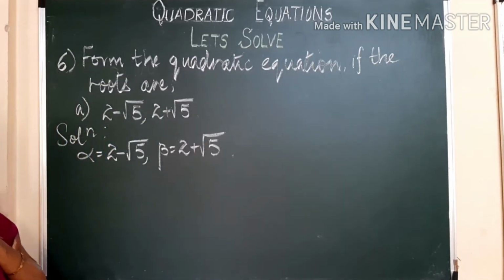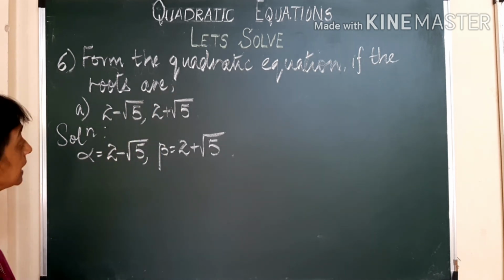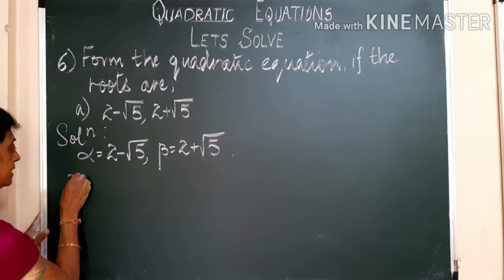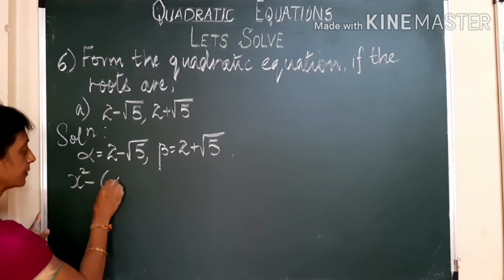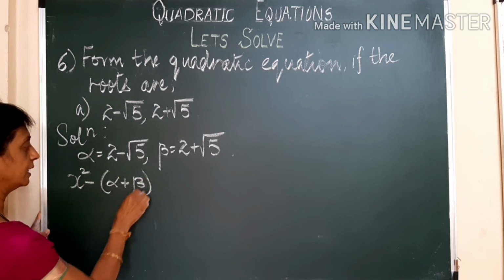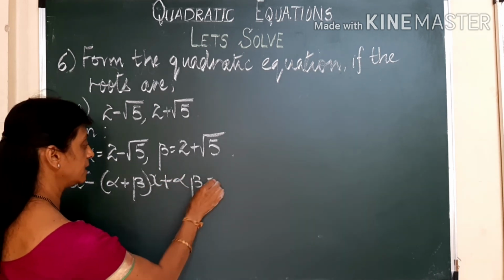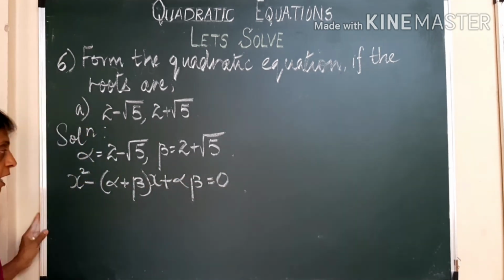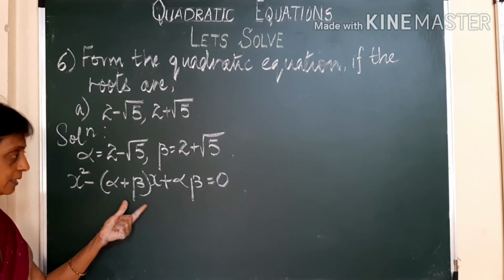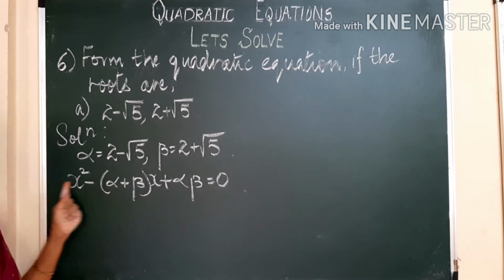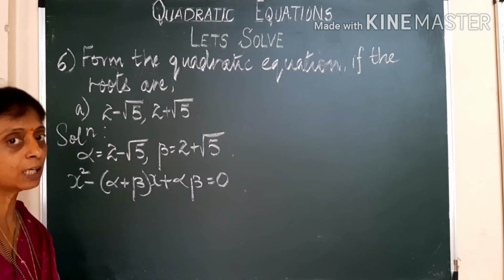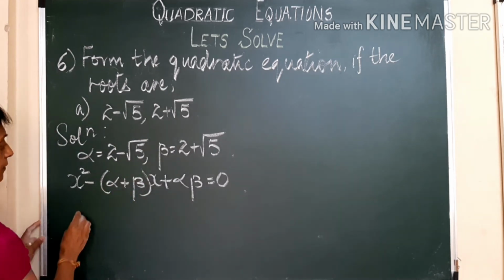Now, what is the relation between quadratic equation and the roots? What is the equation that we get? Let's write it. x squared minus (alpha plus beta) into x plus alpha beta, which is equal to 0. Now, if we know the values of alpha plus beta and alpha beta, we can substitute and get the given quadratic equation.